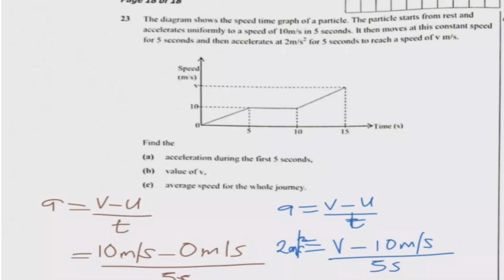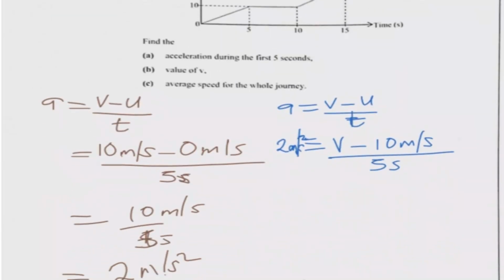Now, the next thing we need to do is get rid of the fraction. That means we multiply both sides by 5.